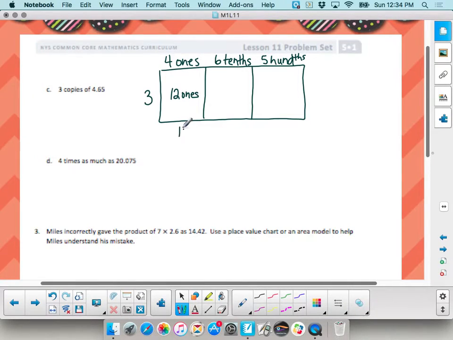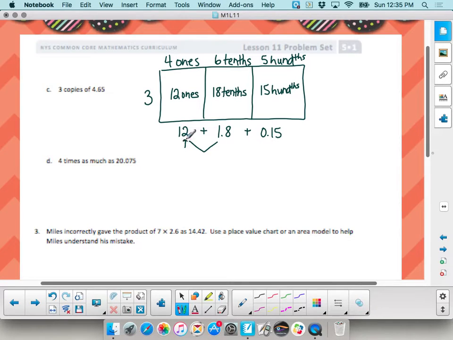Written in standard form is 12. 3 groups of 6 tenths would be 18 tenths, which is written as 1 and 8 tenths. 3 groups of 5 hundredths, 3 times 5 is 15, so 15 hundredths is written as 0.15. Now we will add the first 2.